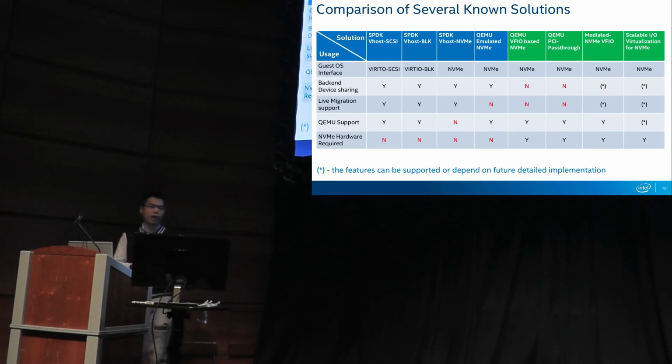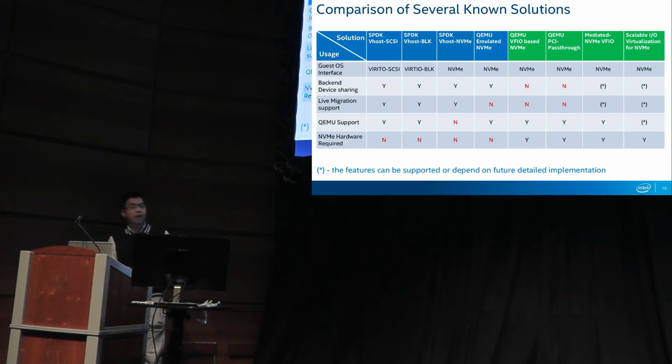From this diagram, you can see that we compared 8 different solutions to accelerate the 3 different protocols in the guest VM. They are the virtio-scsi, virtio-blk, and the NVMe interface.